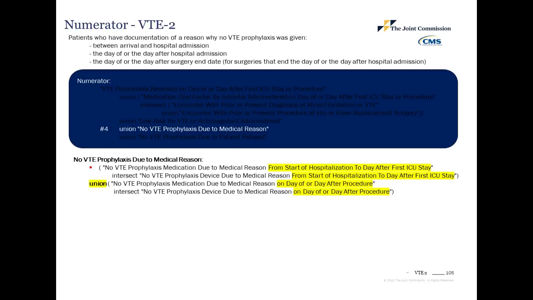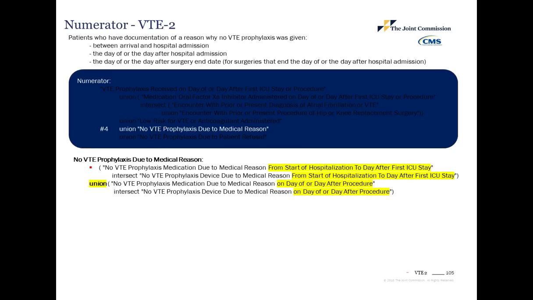Moving to the fourth numerator condition. We use the same clinical concepts as VTE-1, where we're looking for a medical reason for both pharmacological and mechanical VTE prophylaxis not done. So VTE prophylaxis medication not done and device not done should occur anytime between start of hospitalization and day after first ICU stay.